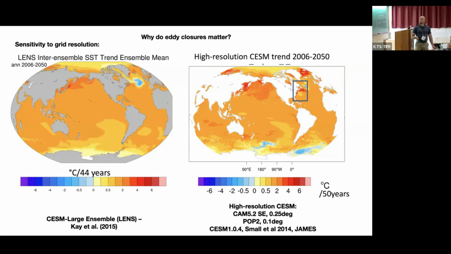Here's another slide just to kind of drive that point home. So here's just looking at sensitivity to grid resolution. This is from a low resolution CESM ensemble, or Community Earth System Model. So again, these are biases. You can see that this blue thing here, I can't remember what they call it. It's like the blue blob of death or something. It's like this low SST bias just sitting out here in the Atlantic.